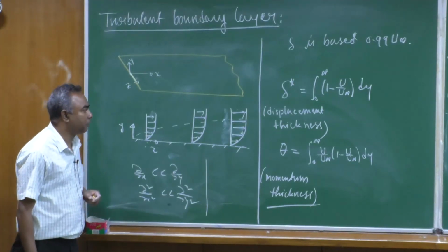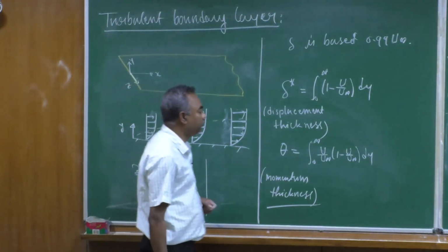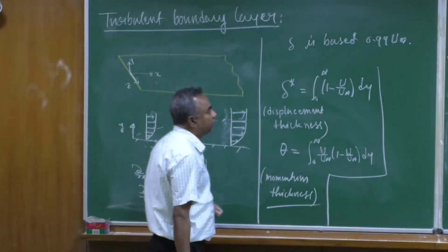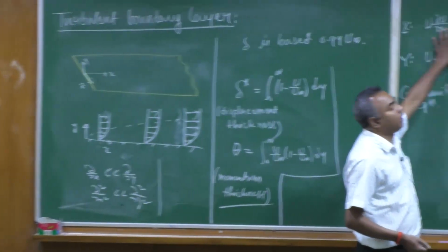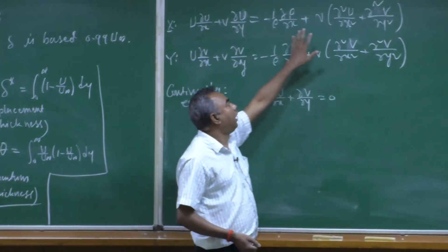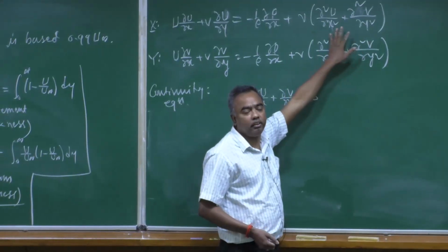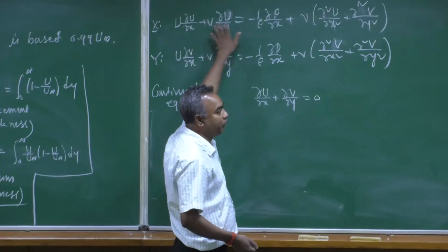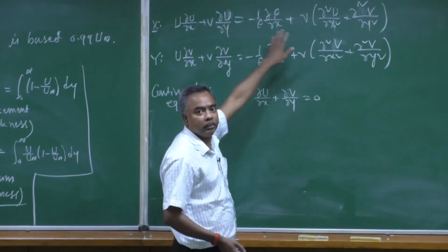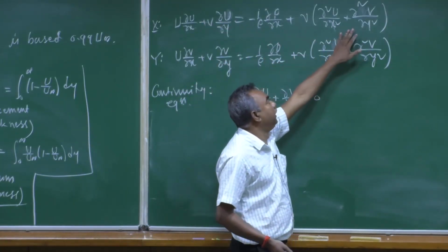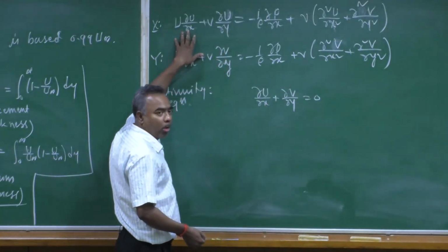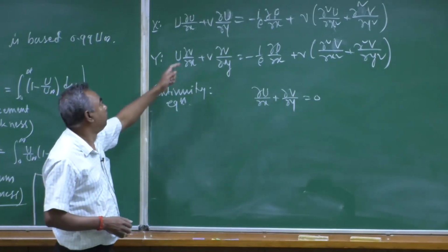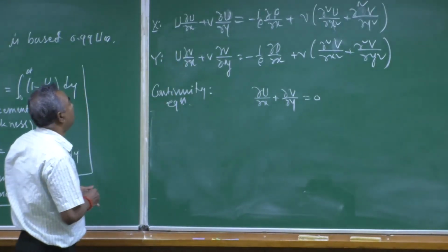So, in that particular case, what we are going to talk about essentially is this inertial effect and this is your viscous effect. Since we are talking about boundary layers, the viscous effect is strong, which means the leading viscous term should be of the order of the leading convective term, or the inertia term.